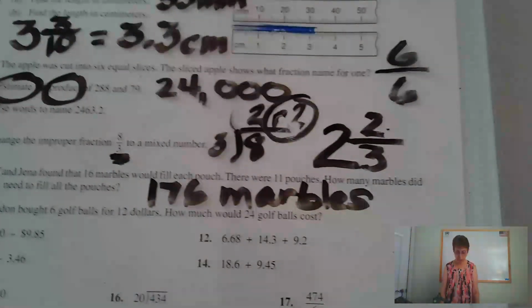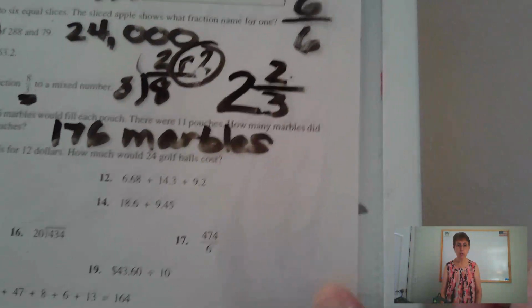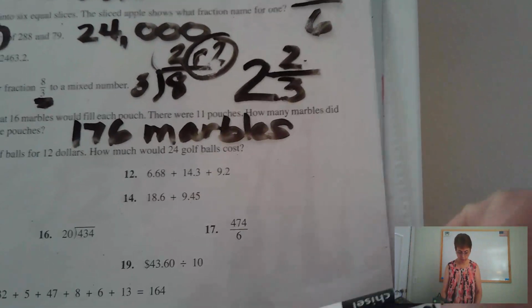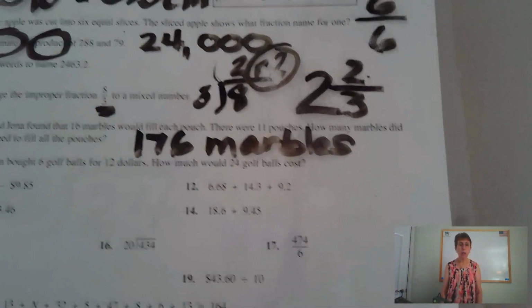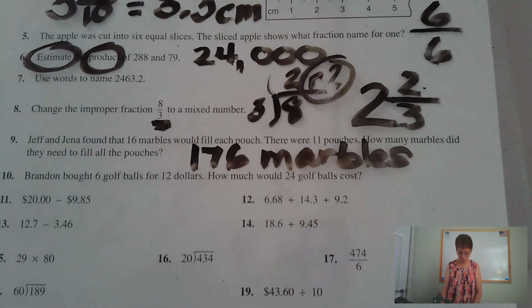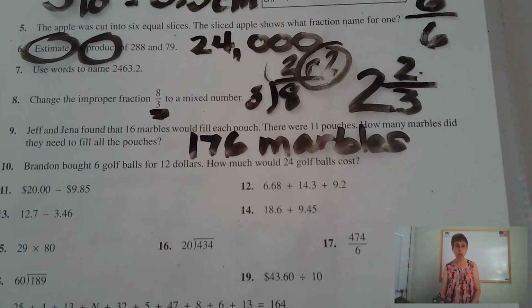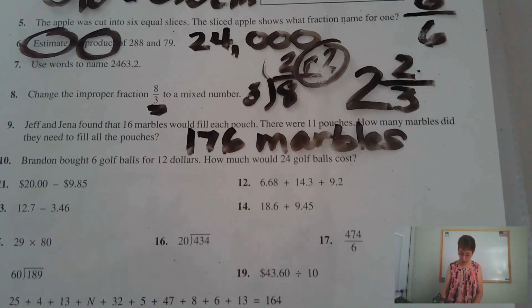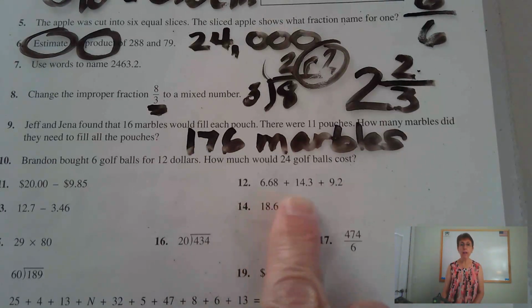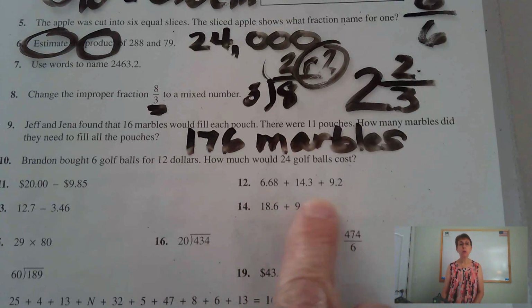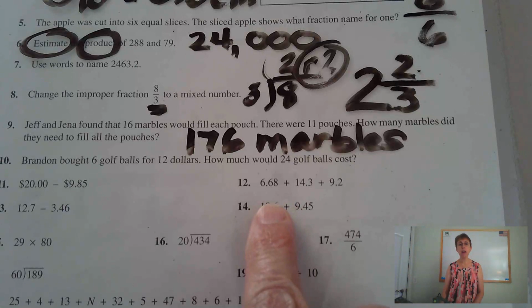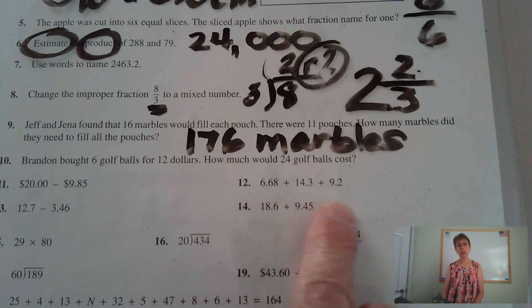Okay, and then if we look at the very bottom of the page, your computation, number 11, you're subtracting money. Number 12, you're adding decimals. Remember, the only thing you need to worry about when you're adding decimals, here they're written horizontally, is to line them up vertically.